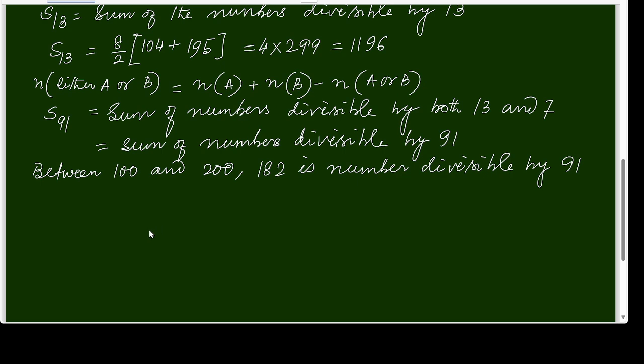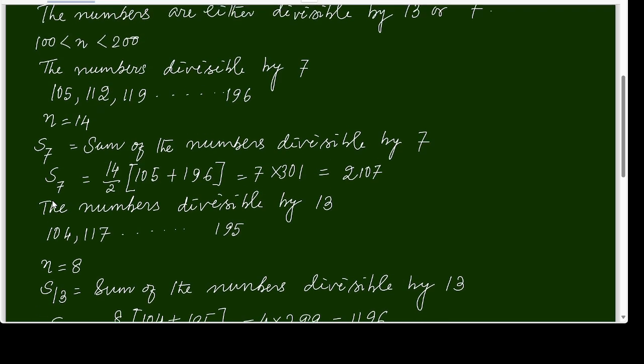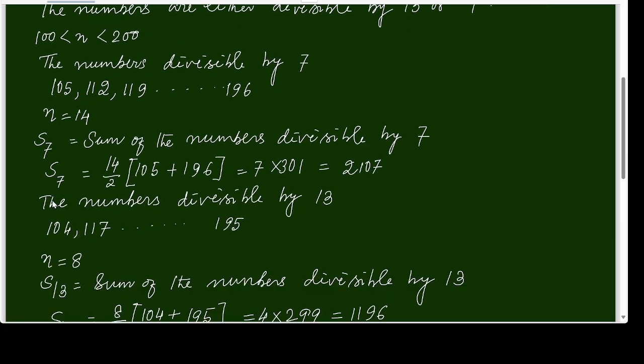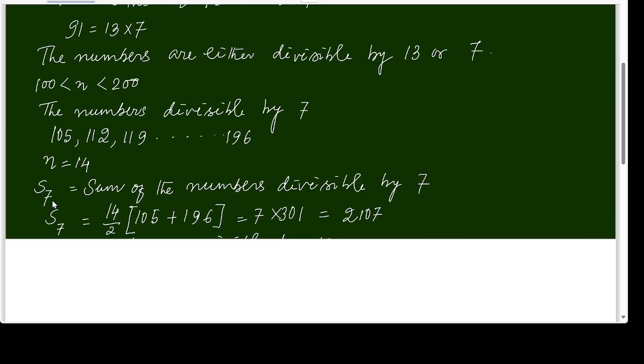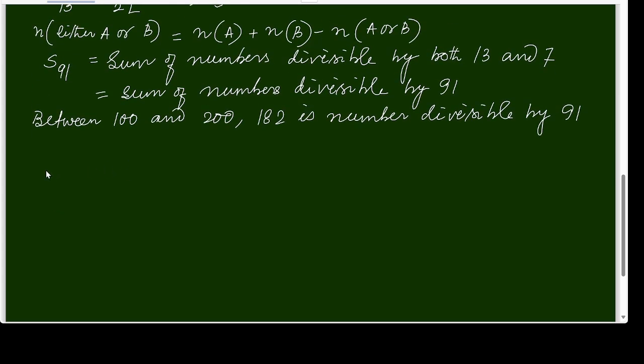Let's write the final statement. Sum of all numbers equals S of 7 plus S of 13 minus S of 91.